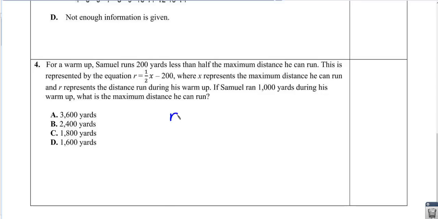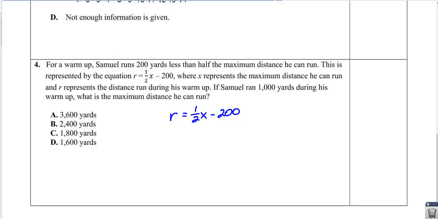Anytime you have an equation like this, r equals 1/2 x minus 200, if you have two unknowns, there are an infinite number of possible answers. But we know there aren't an infinite number of answers because they tell us one of these 4 answers is true, which tells us we either need to know what r is or we need to know what x is.